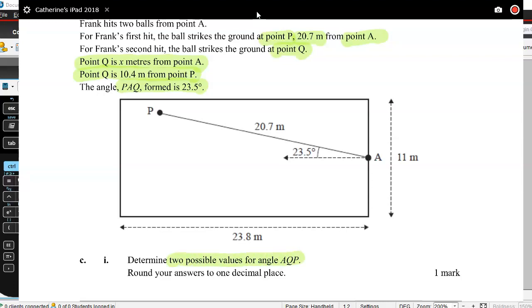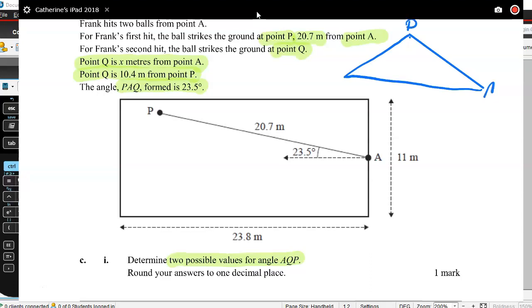So let's think about that. They don't have where Q is here. So we have one possibility. It's very wonky.